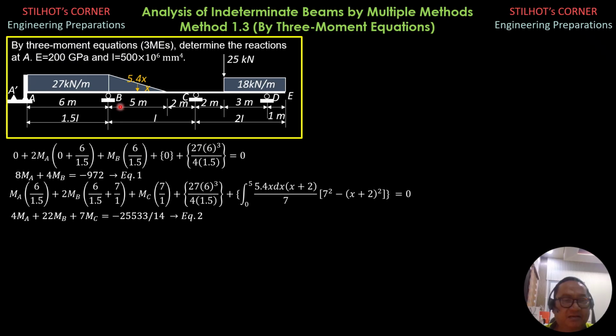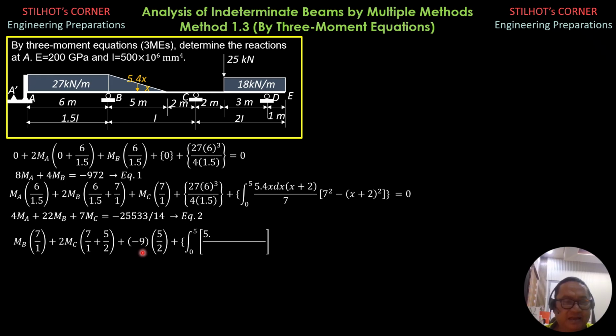Then we apply three moment equations on the remaining spans B, C, D. The moment at D, remember, is negative 18 times 1 times half of 1.5. So that's negative 9 kilonewton meter. So for portion BCD, MB times 7 over 1 plus 2 times MC times 7 over 1 plus 5 over 2 plus MD, which is negative 9, then times 5 over 2 plus the value of 6 area 1A over I1 L1, integral of 5.4x dx.